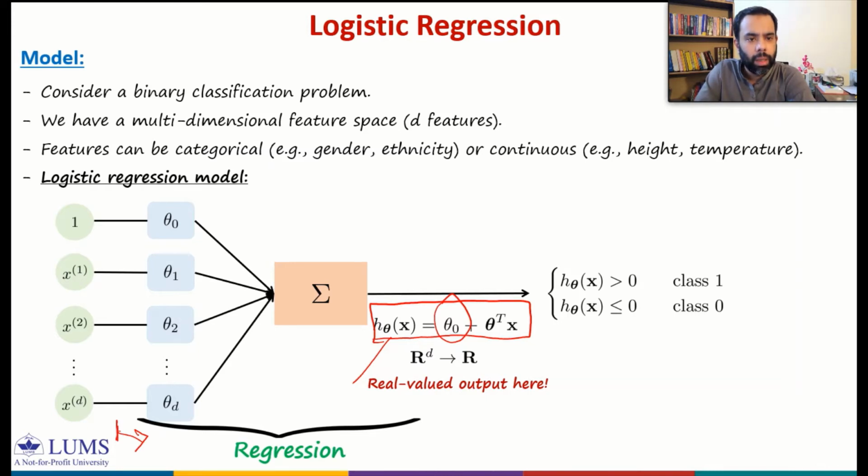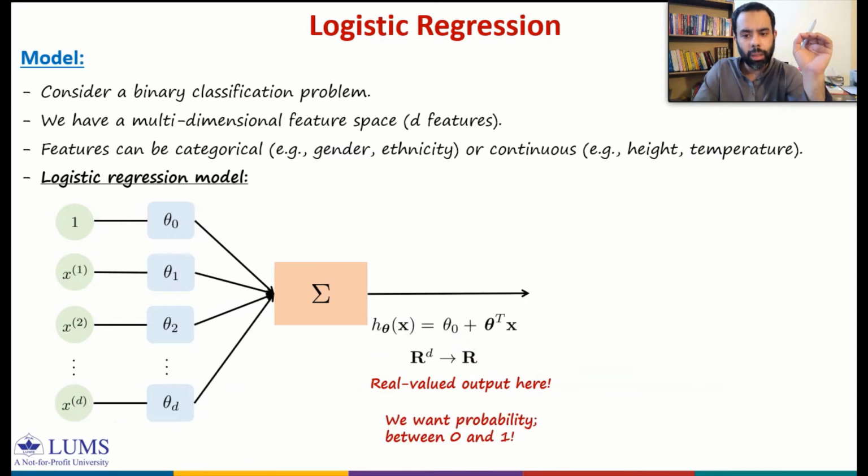But we wanted probabilities instead, right? So we want to find the posterior probability. What is the probability of y given x? And we know that probabilities are between 0 and 1. How can we transform, or how can we squeeze this real value between 0 and 1?